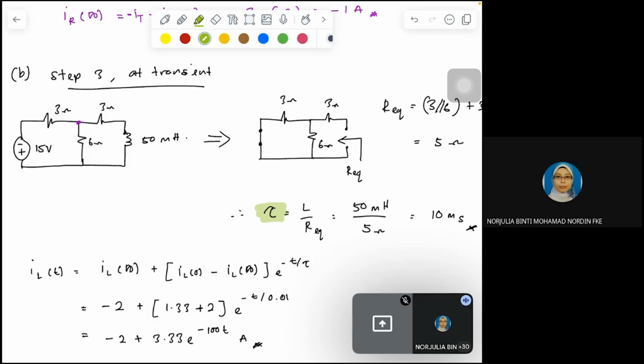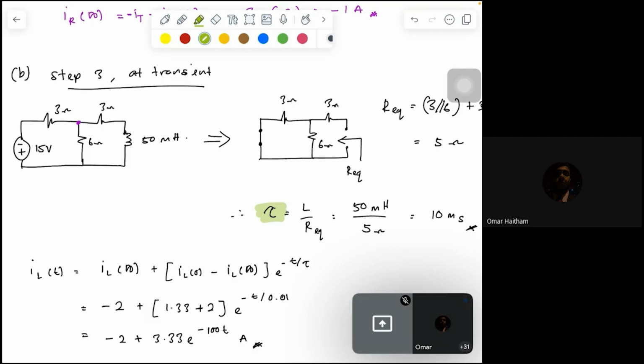Transient is the moment where this circuit is changing gradually from one step to another step. Okay, thank you, doctor.